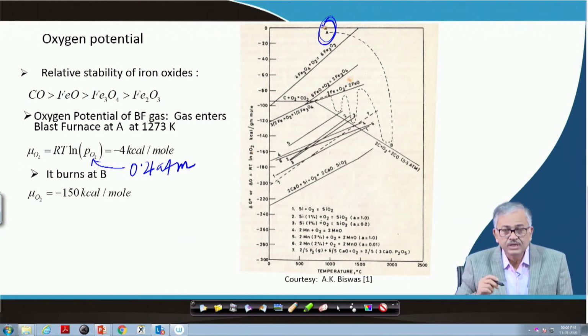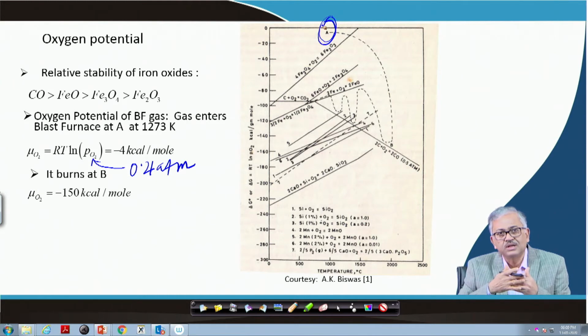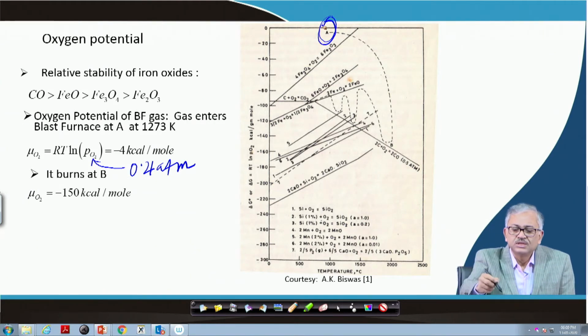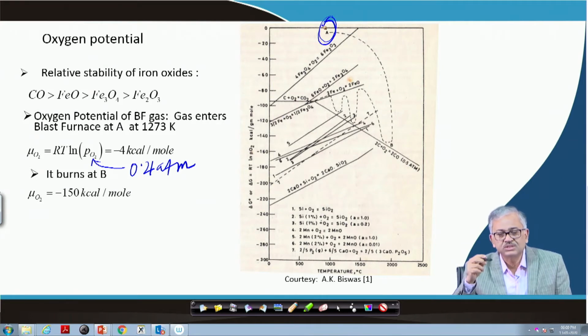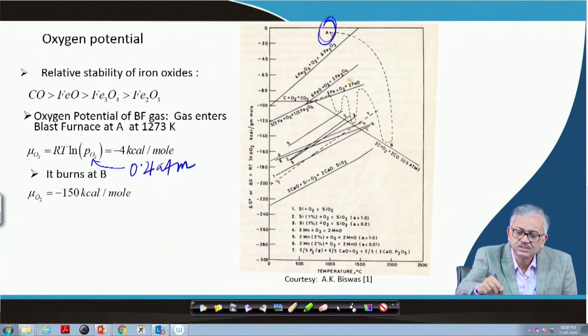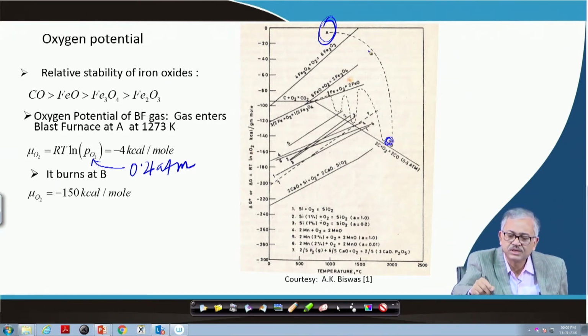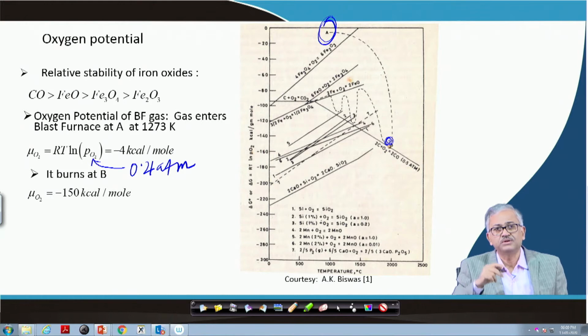And now, when it enters the tuyere and comes in contact with the carbon, it reacts with the carbon forming CO gas, right. So, the oxidation potential will suddenly decrease. You can find it will come here, here, here and at this point. It will just reduce to this point. Oxidation potential will suddenly reduce in presence of the carbon, because it reacts with the carbon forming CO gas.